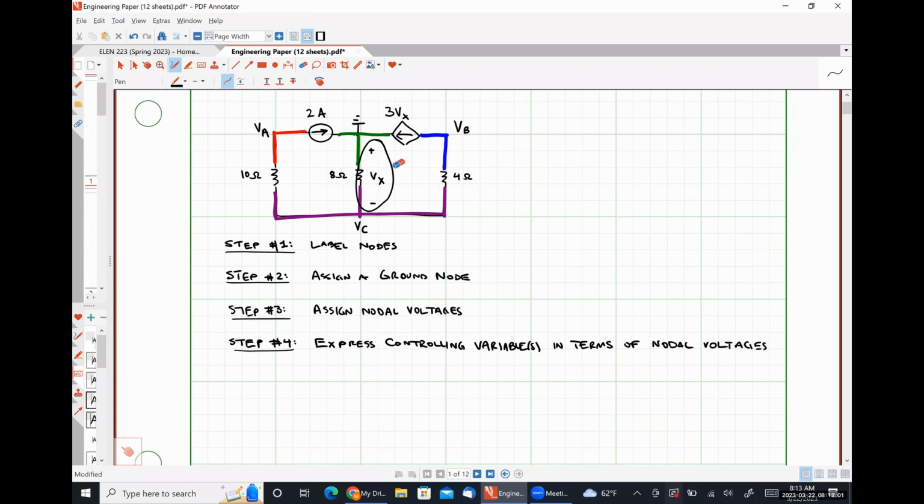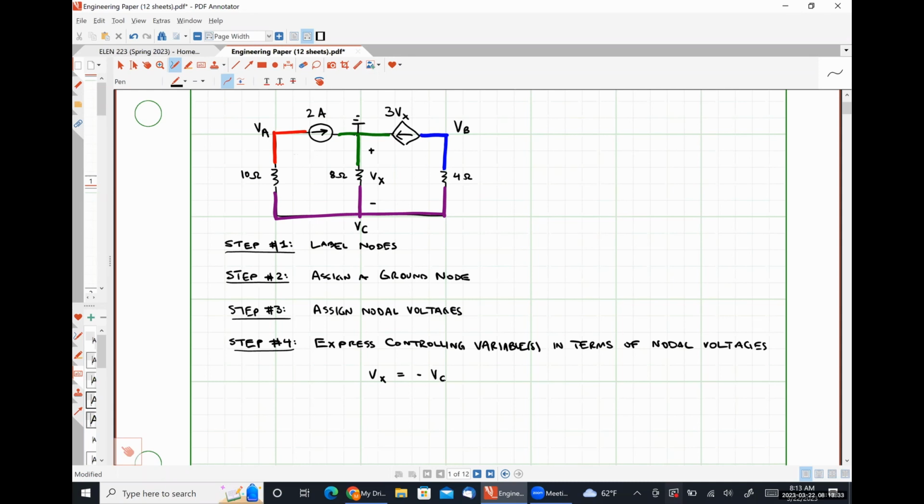So the voltage Vx here, in terms of our nodal voltages, is going to be what? Negative VC. Absolutely right. How did you get that, Kieran? Oh, sorry. Same position as Vx, VC is. Absolutely right.